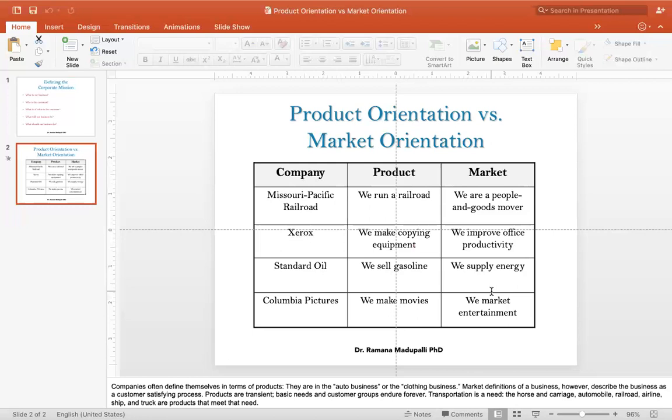I have to improve this product. Rather, it will be like, what else can we make? What else can we provide? What other values can we provide to this existing customer base? How do I capitalize on my existing customer base? How much can I cross sell? How to cross sell? What to cross sell? Suddenly, your whole perspective changes in a market orientation. That's it.